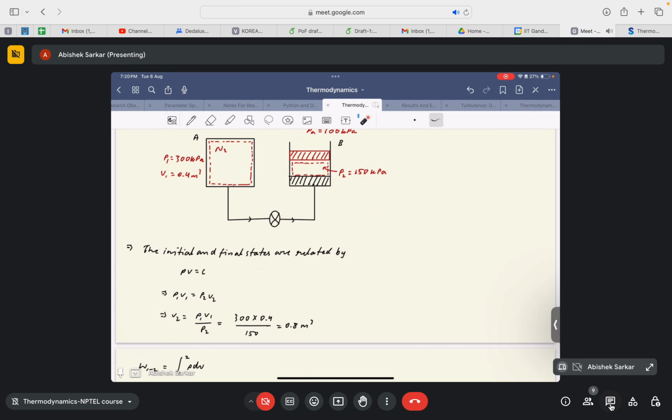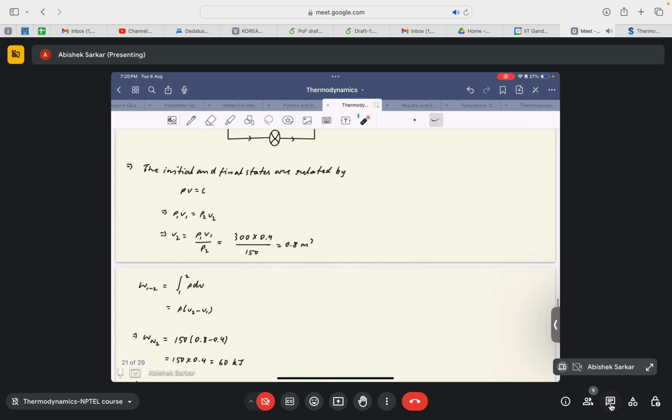Because logically it's impossible that if V2 is only the volume of this region, it would imply V2 becomes 0.8, double the initial volume in the closed chamber. So we're considering the system to be both the initial chamber where the nitrogen was stored and the volume enclosed by the piston once it moves up to a certain height, okay. So the final volume is now 0.8 meter cube, twice the volume of the initial nitrogen in the enclosed chamber, okay.